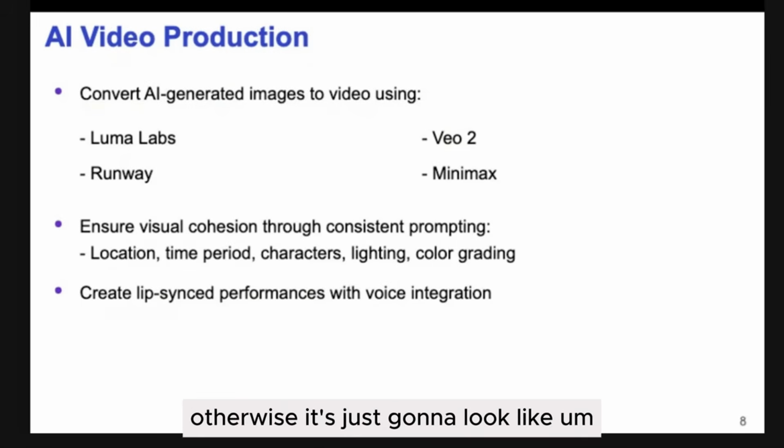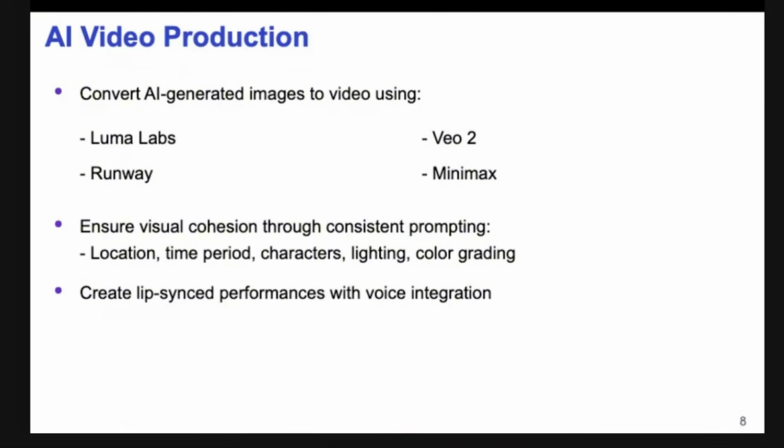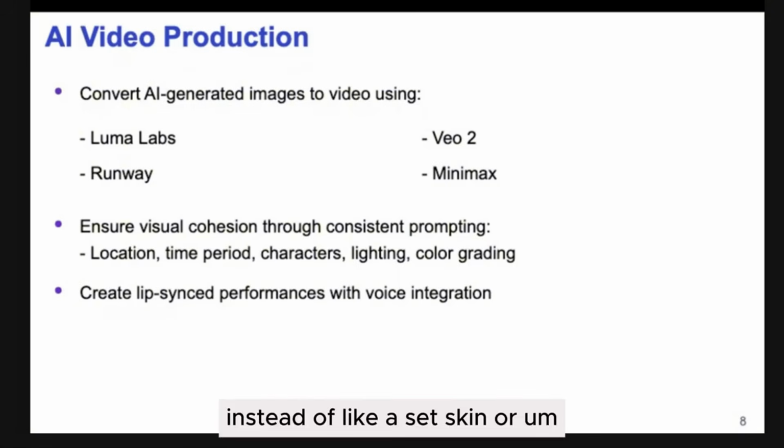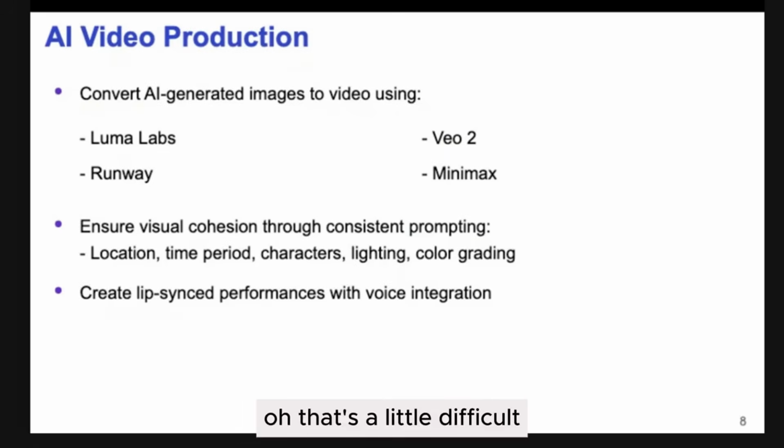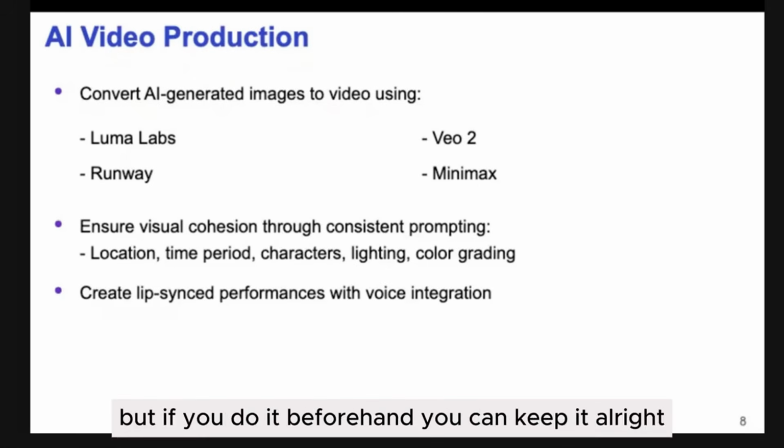Otherwise, it's just going to look like ad trailers that you usually see instead of a set scene or set documentation when it comes to your product that you're trying to sell. So that's a little difficult. I mean, not difficult, annoying if you don't do that. But if you do it beforehand, you can keep it.